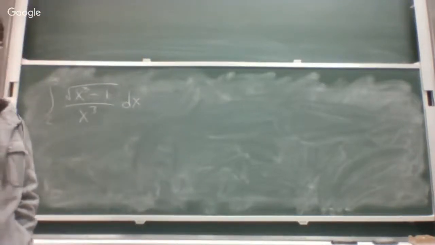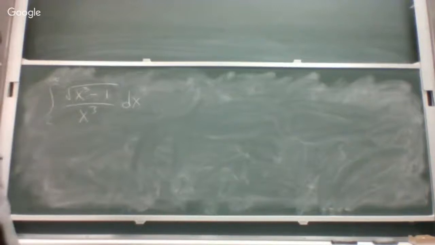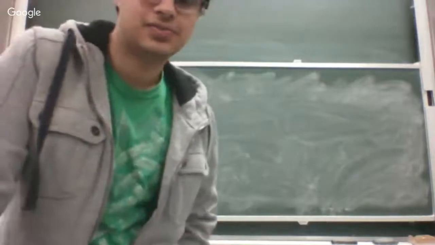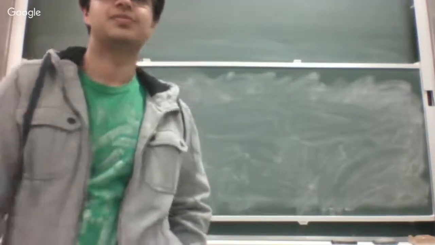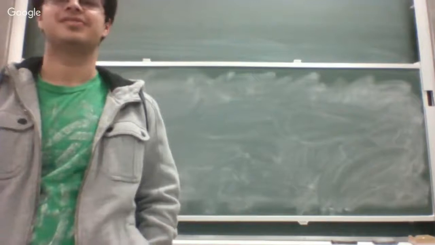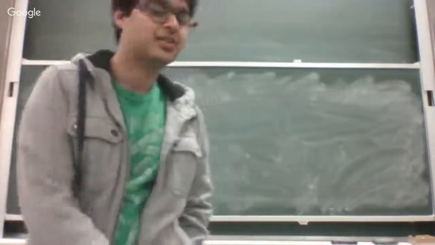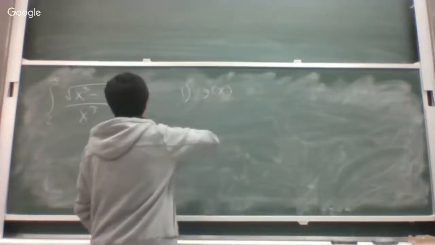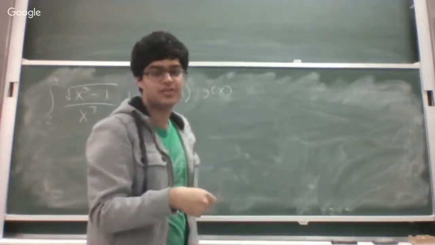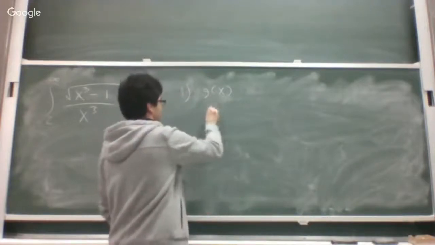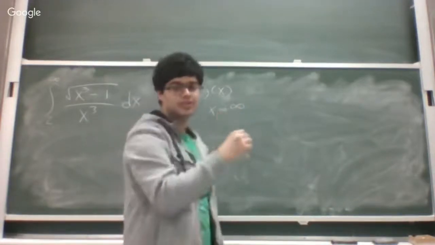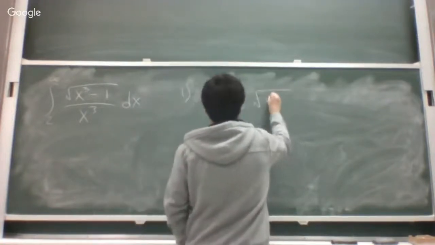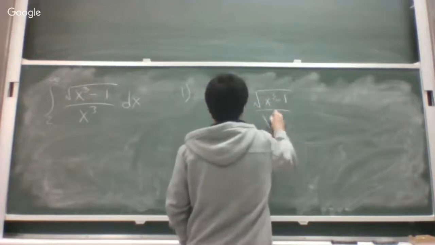So the first step is finding g of x. We have to find g of x as x approaches infinity. This is how we find it. We take the limit as x approaches infinity of the function square root of x cubed minus 1 over x cubed.